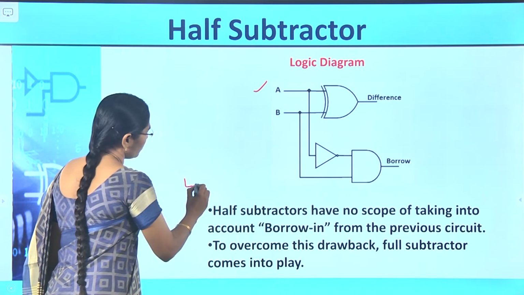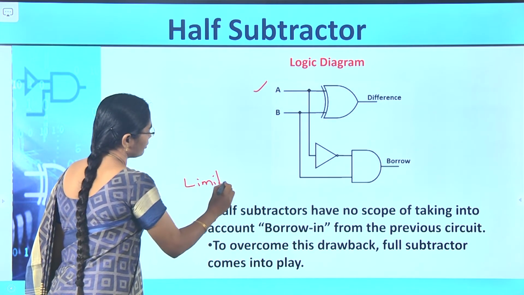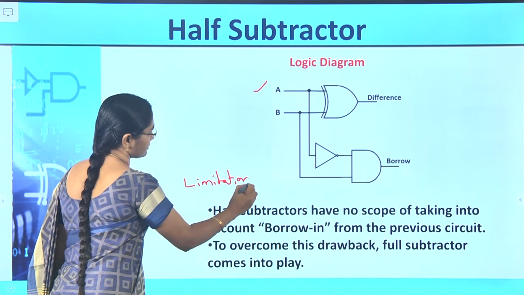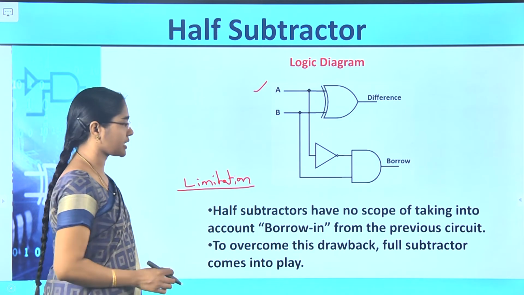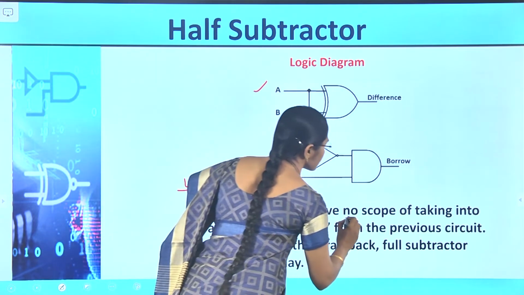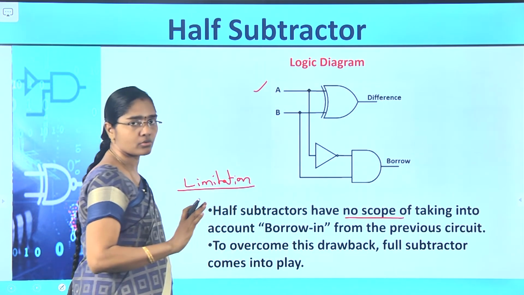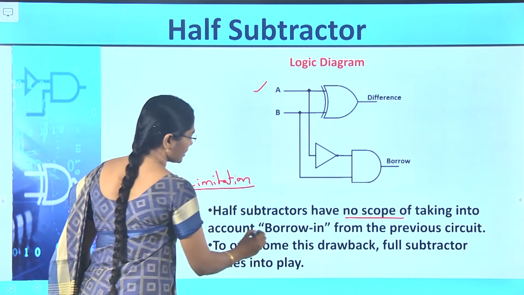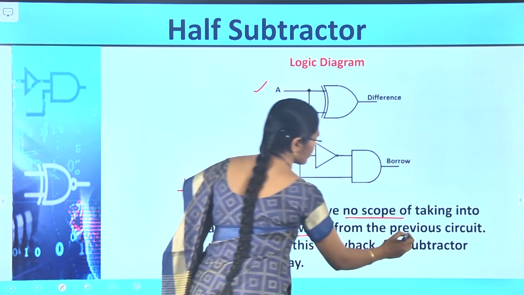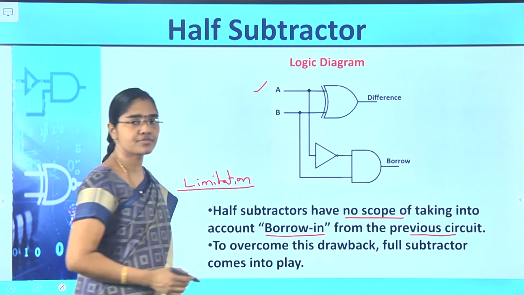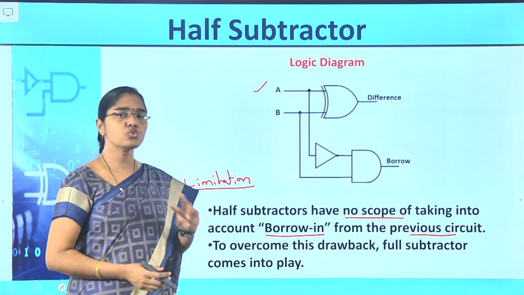And what is the limitation of this half subtractor? The limitation is there is no scope of taking a borrow in into account from the previous circuit. Half subtractor subtracts only 2 single bits.